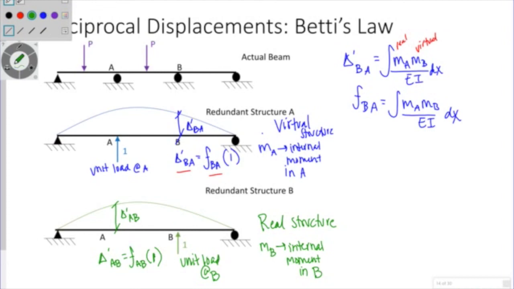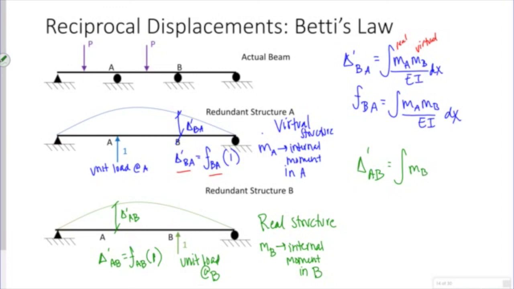Now, if I want to find my deflection at A due to that load at B, I take the moment in my real structure, MB, multiply it by my moment in my virtual structure, MA, all over EI dx.